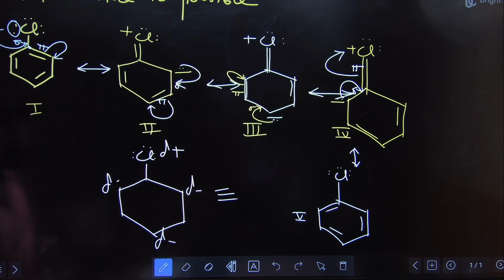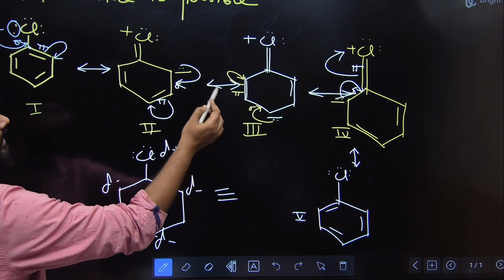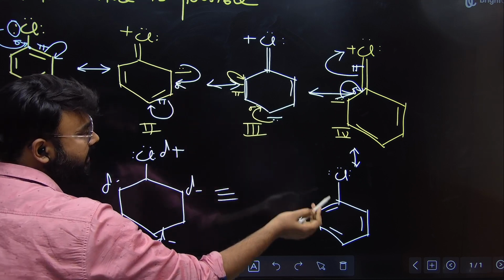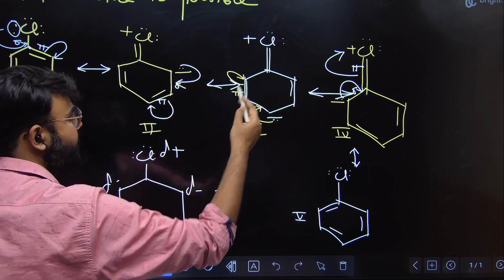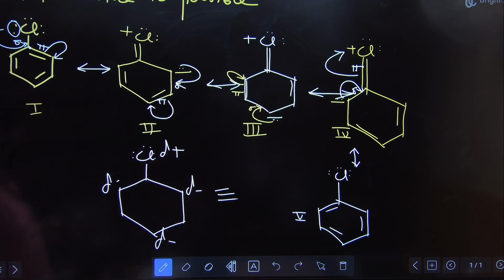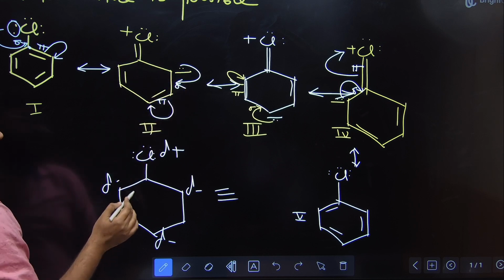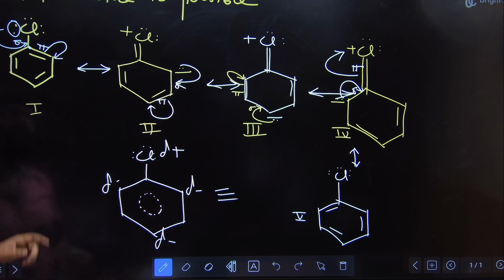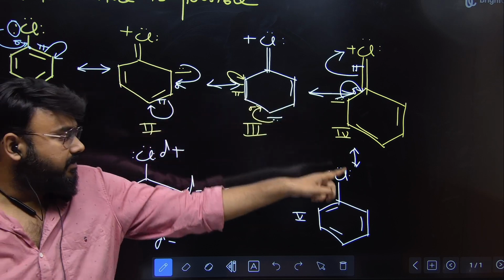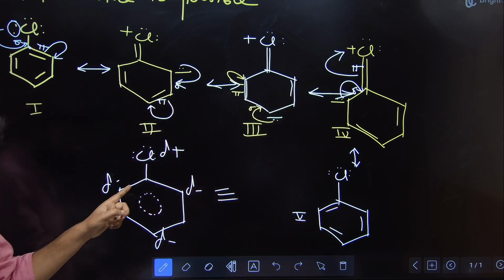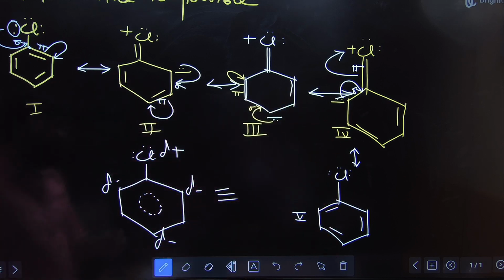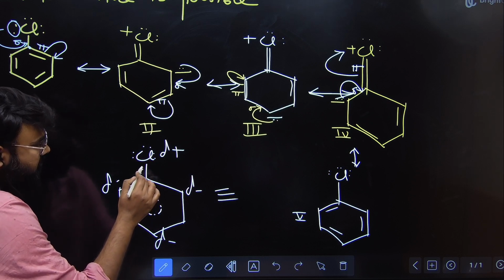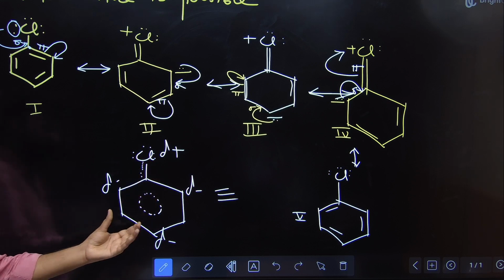Because the negative charge was here, it was here, and it was there. Wherever the negative charge was, we put partial negative. After that, wherever the double bond was, we will draw a dotted line. It means double bond is present at each and every carbon, so we put the entire circle. And plus, the double bond was here also. So this is our hybrid.